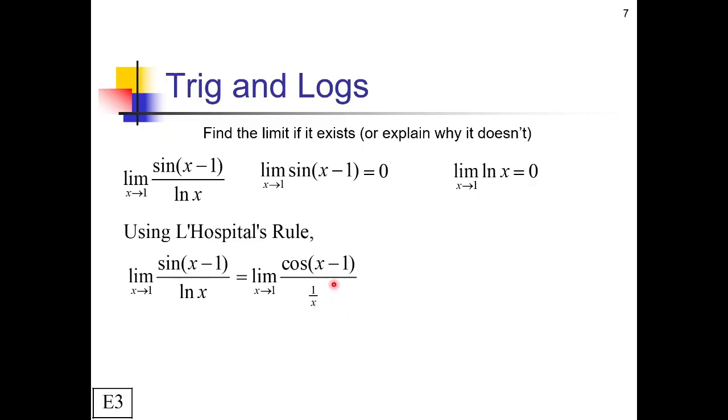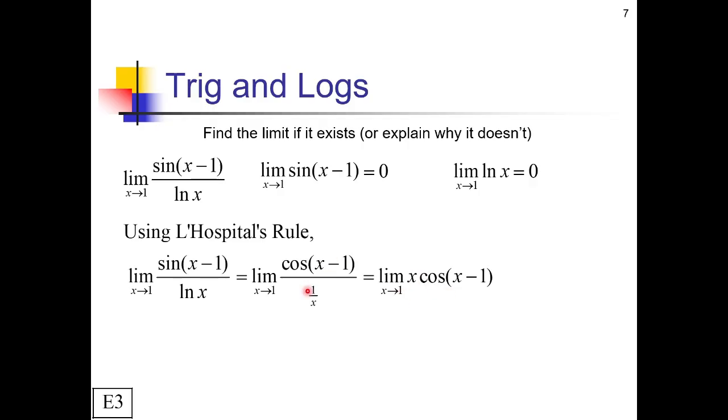Another thing you could do in this situation that you don't need to do here, but I want to show it to you just so you know it's an option. You don't actually have to plug things in right away. You are allowed to do any kind of algebraic manipulation you want on this limit before you plug in your number. So you could, for example, multiply by the reciprocal of 1 over x and have x times cosine of x minus 1 as your new limit so that it's no longer even a fraction.